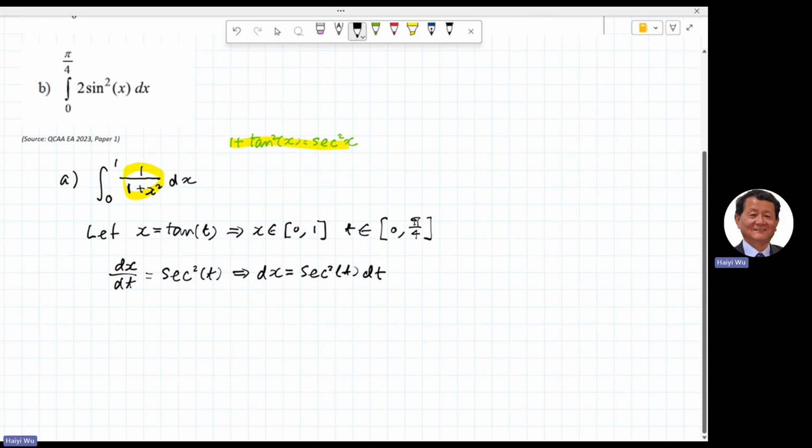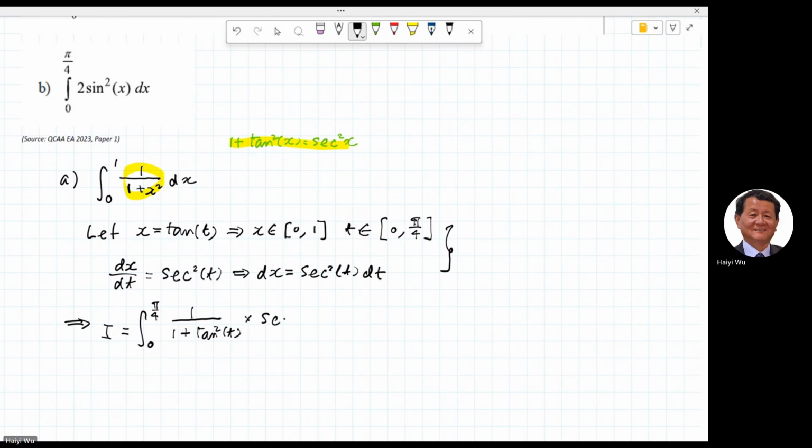So now I'm going to put it all together. My original integral will be from 0 to pi over 4 of 1 divided by 1 plus tan squared t, times dx, which is secant squared t dt.